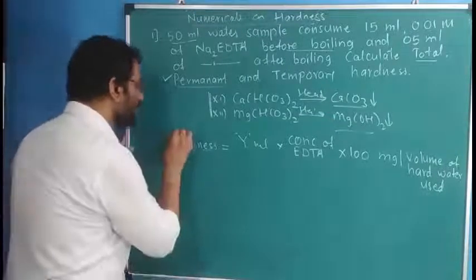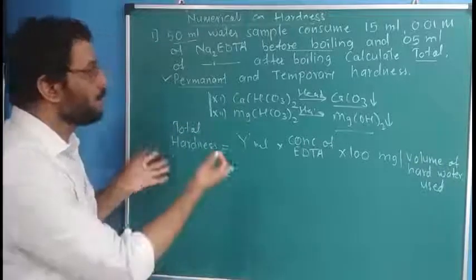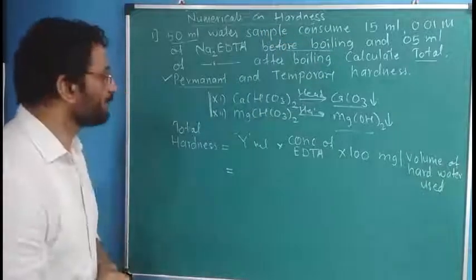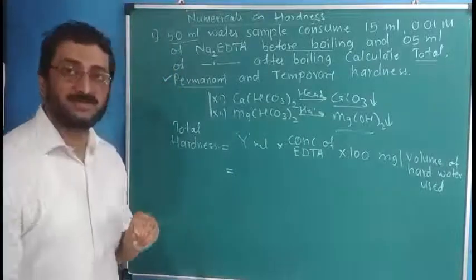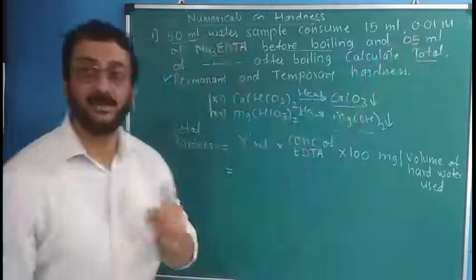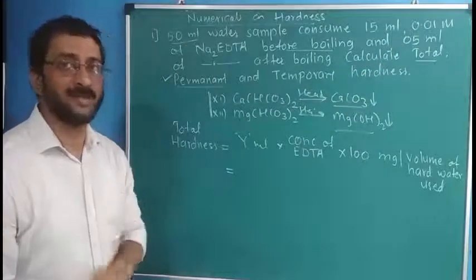Now go to total hardness simply. We know the formula. Part one need not be done, as the concentration of EDTA is already given. What is Y ml? It is the volume of standard EDTA, known concentration, required for completion of the reaction.